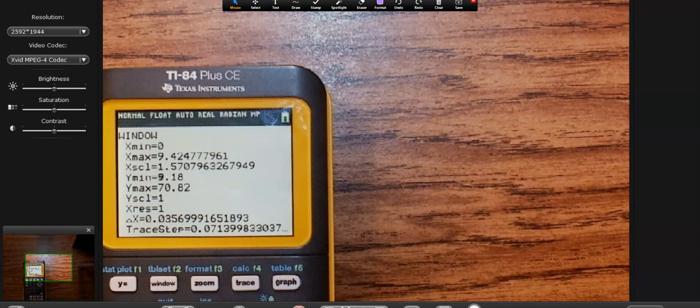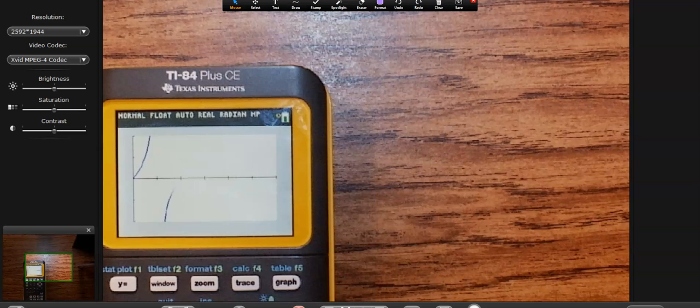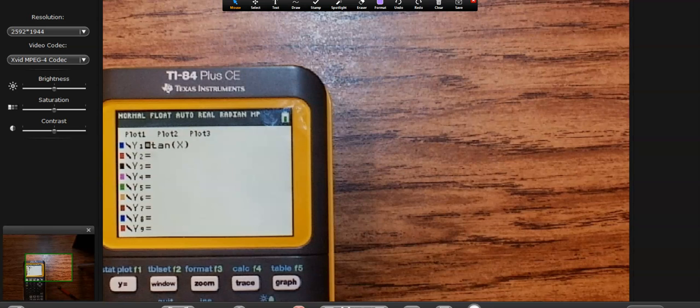Y min and max? Negative 2 to 2? Sure, that'd be enough. How about we also throw in another line, y equals negative 1.6.